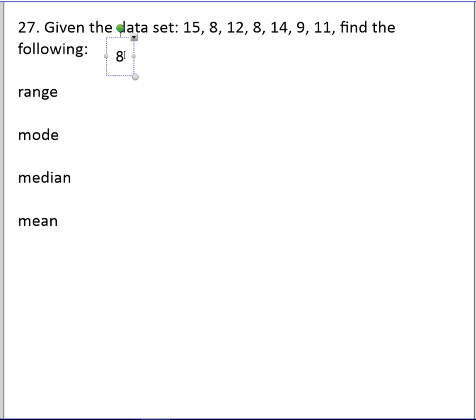So we have 8, 8 again, 9, 11, 12, 14, and 15. So our range is the distance from the highest number 15, subtract the smallest number 8, and that gives us 7.